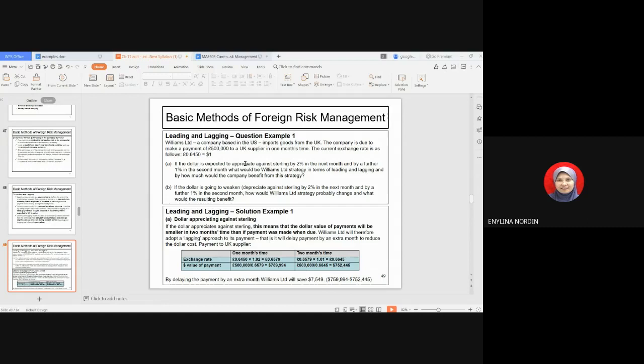It's given that the current exchange rate, that is the spot rate, is: for every dollar, it equals 0.645 pound. So that is the current exchange rate per dollar. Then the question is, in the first situation, the dollar is expected to appreciate.